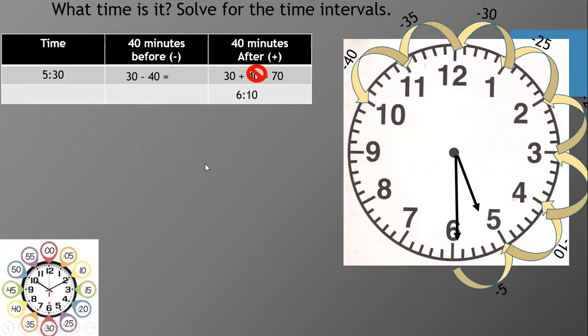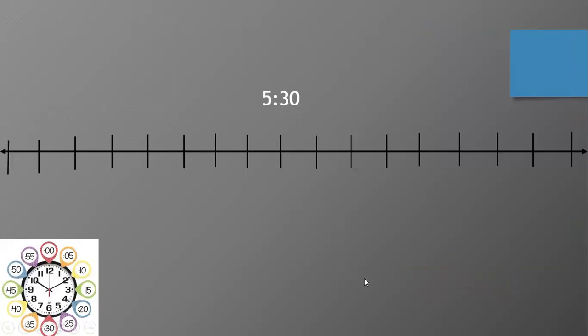So 30 minus 40 won't work in that case to do the subtraction. And like we said, we have 4:50. Here is our number line. 5, 10, 15, 20, 25, 30, 35, 40, 5:35, 5:40, 5:45, 5:50, all the way to 6:10.